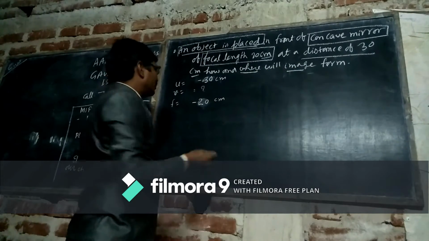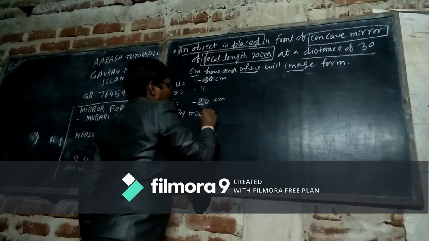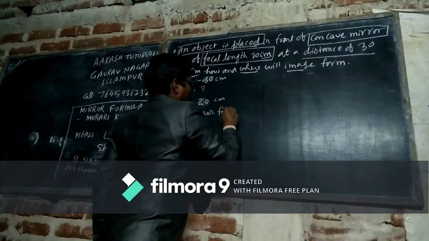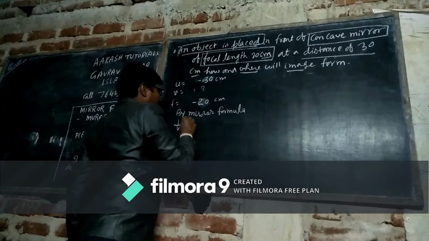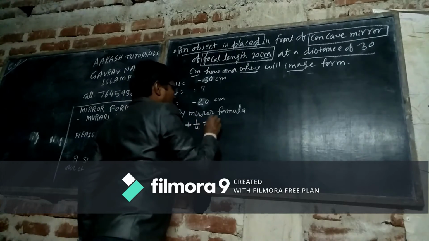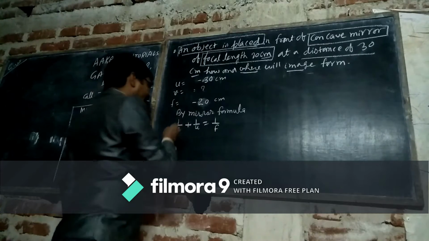Now simply apply the mirror formula. By the mirror formula, 1 upon v plus 1 upon u is equal to 1 upon f. This is the mirror formula. Now put the values.